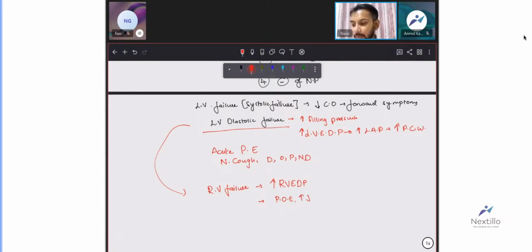Yes, increased JVP, facial edema, ascites, hepatomegaly, splenomegaly, and edema all over the body. So these are the symptoms of heart failure in progression. First, you had seen LV systolic failure that is causing LV diastolic failure. LV diastolic failure is causing RV failure. So the most common cause of RV failure is left heart failure itself.